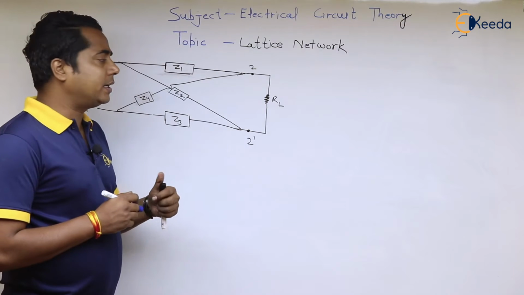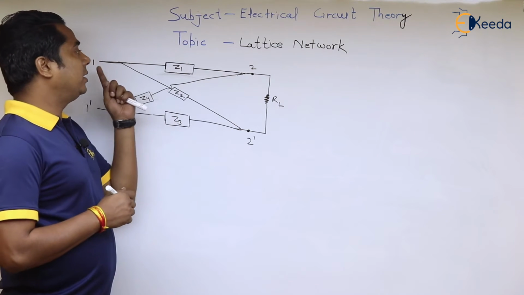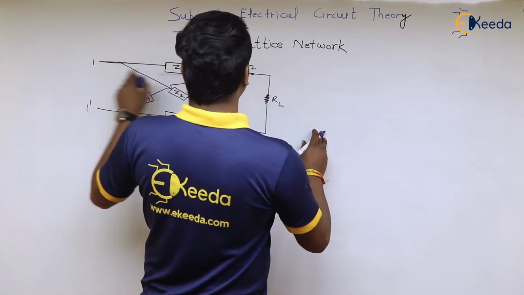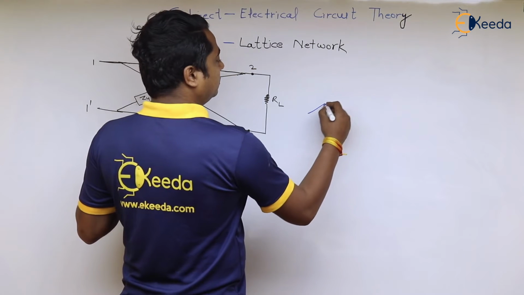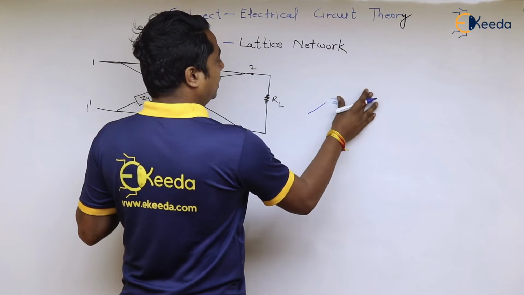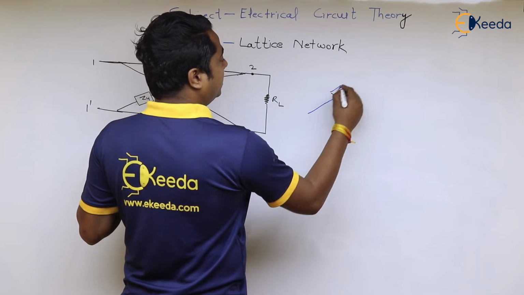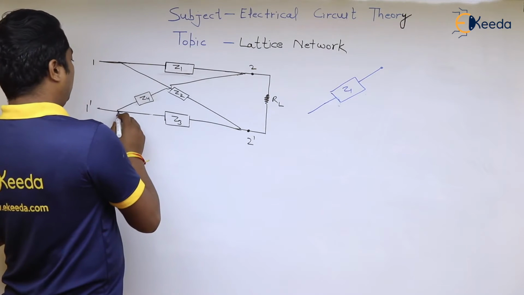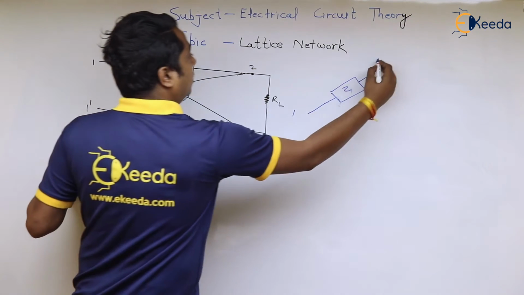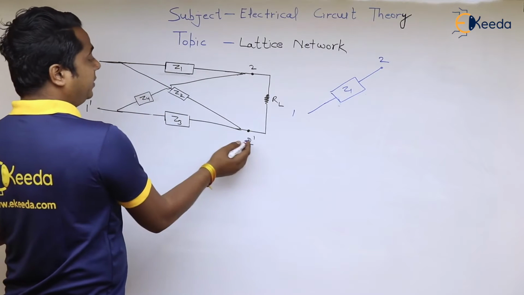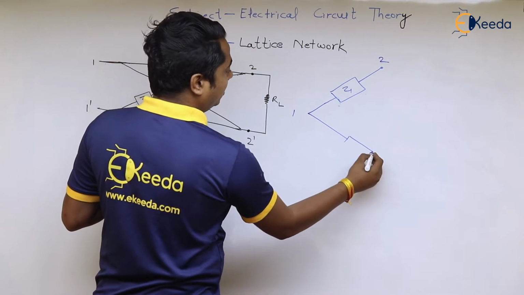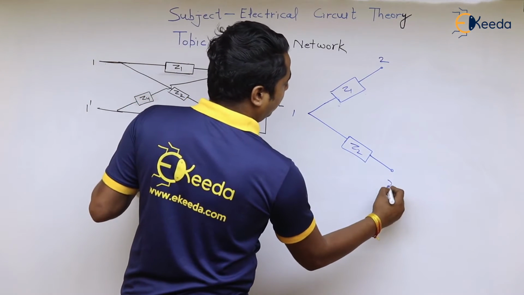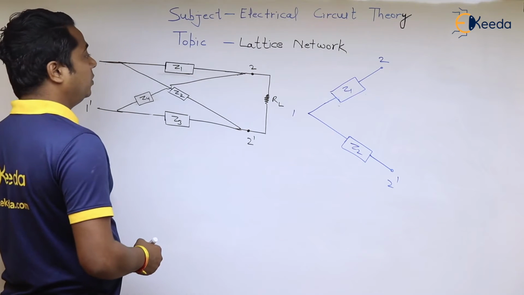While redrawing the circuit, we have to keep in mind the node points 1, 1 dash, 2 and 2 dash. See guys, here 1 and 2 are connected through Z1. 1 and 2 dash are connected to Z2.